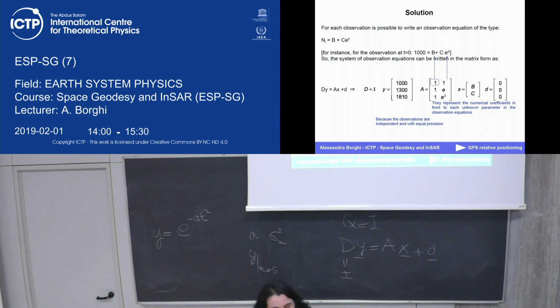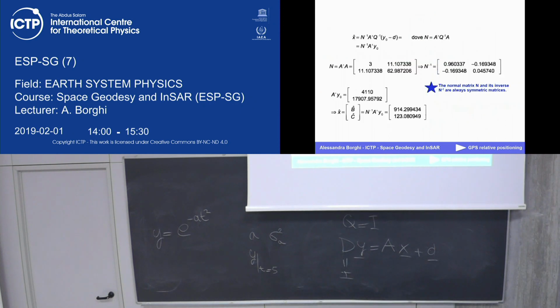So we don't need to know the precision, because this precision could be the a priori variance, sigma 0 squared. We have seen that in the equation of the estimator of the x vector, we don't really need to know these values to obtain the results. So you can do all this computation, it's very simple.